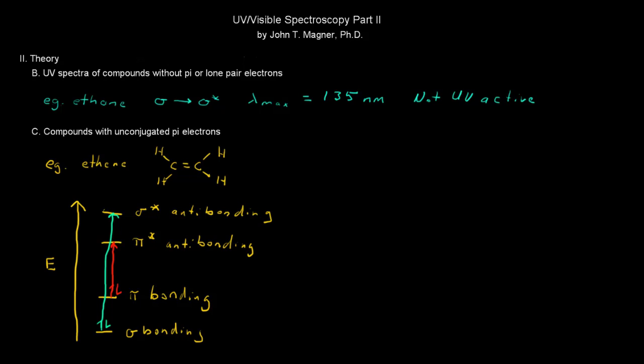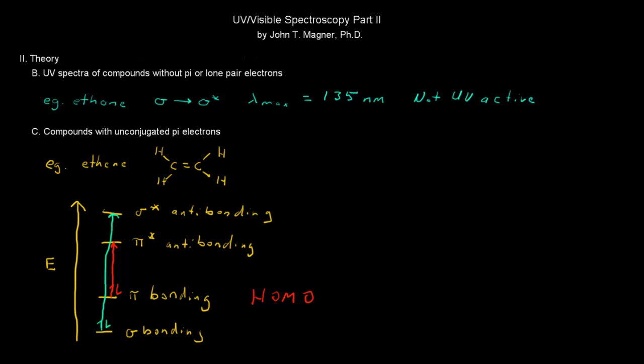And this would be a good place to introduce a couple of terms that are very common when we're talking about these sorts of transitions, and that is HOMO and LUMO. HOMO is the highest occupied molecular orbital. And so in ethene, the HOMO would be the pi bonding orbital.